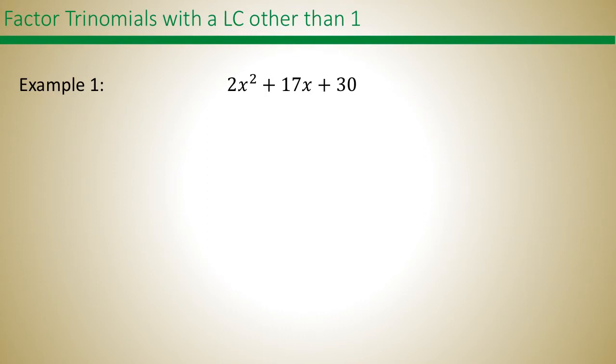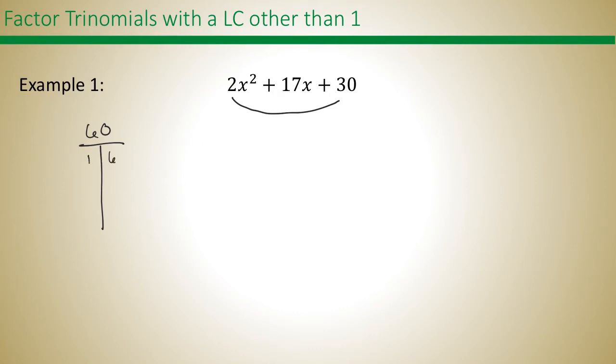First example, I've got 2x squared plus 17x plus 30. I don't have a common factor because 17 cannot be divided by 2. So we want to break 17 apart. Remember, the way that we broke it apart is we found factors of 60, because 2 times 30 is 60.